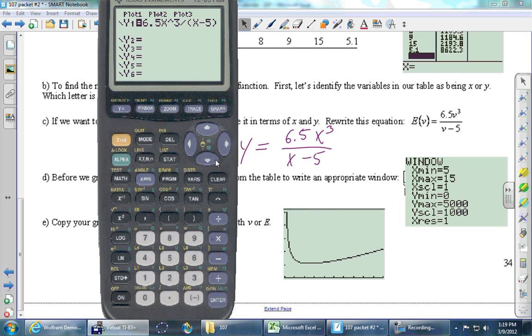So if you can change your window to those numbers, then we'll all be looking at the same picture. And once you've got your y equals and your window, if you hit the button that says graph, you should have a picture like the one that's also projected.